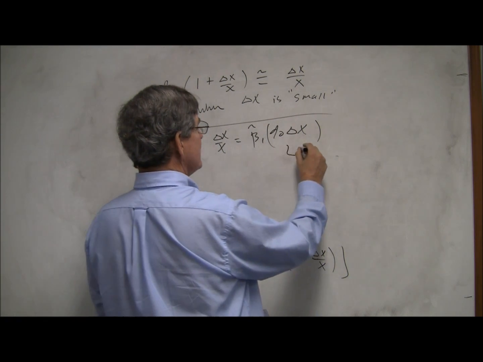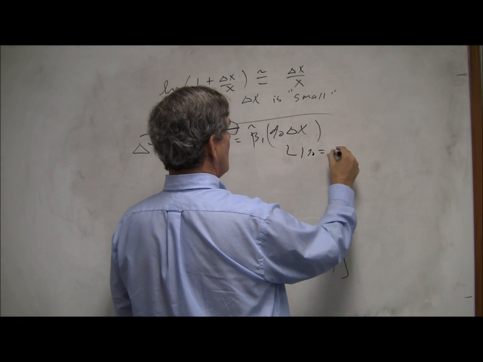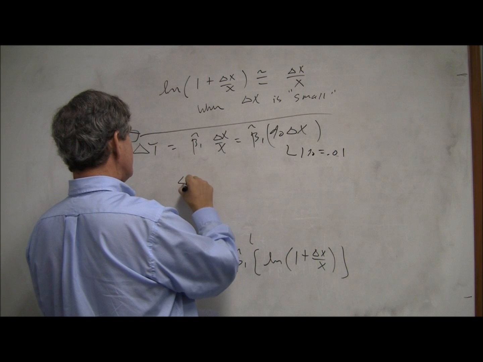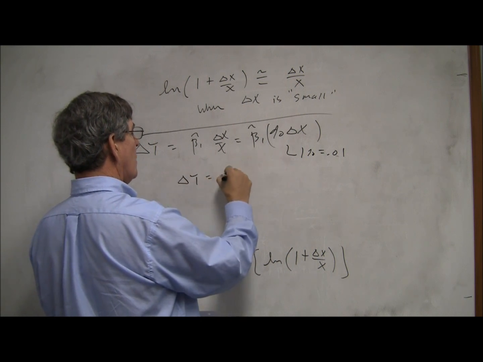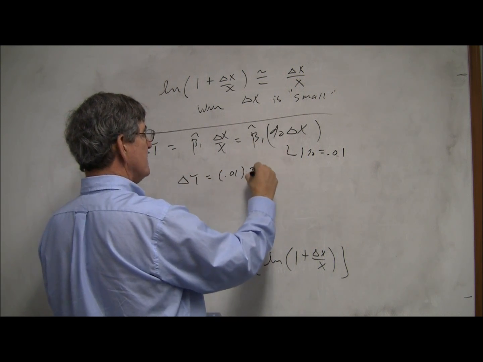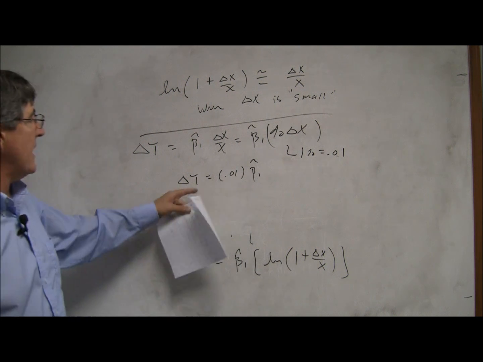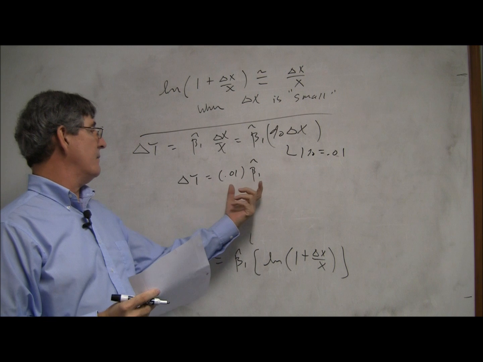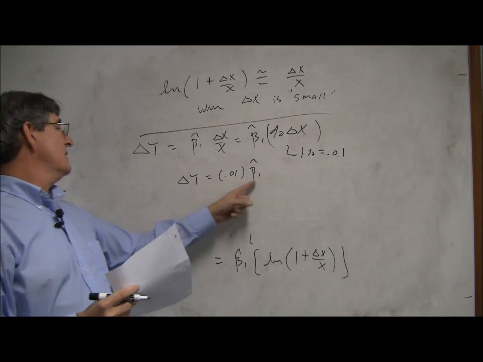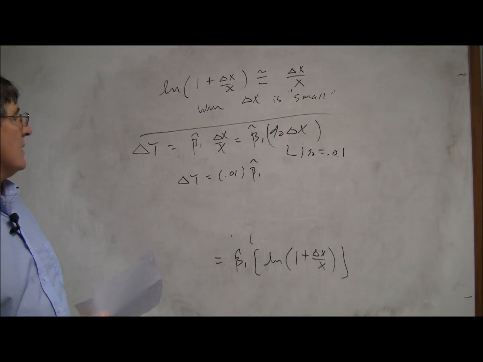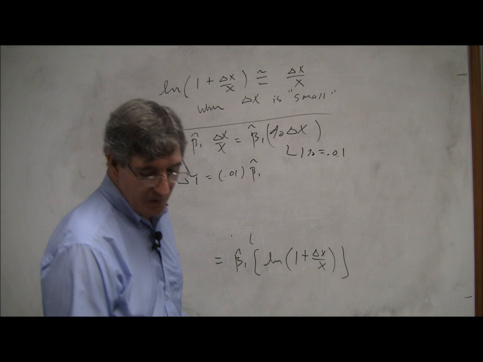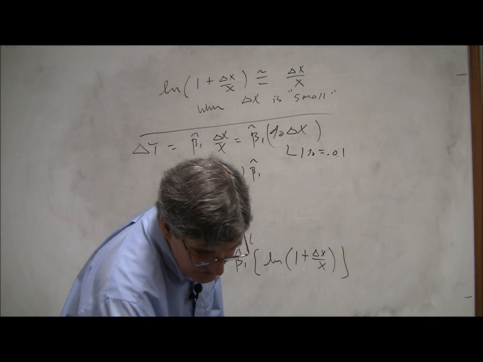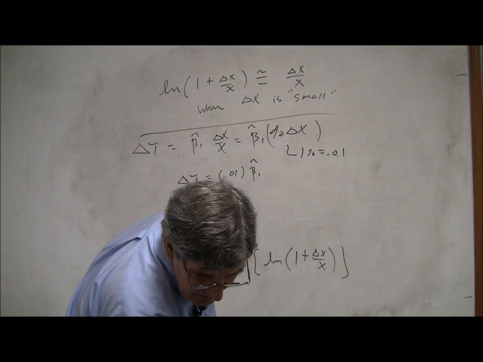So if this is 1%, which is 0.01, then the change in y is 0.01 times beta 1 hat. That's where that result came from that we wrote down earlier. So getting the change in y for a 1% change in x is just 0.01 times beta 1 hat in this model. And so this is useful when you're talking about percentages rather than levels.